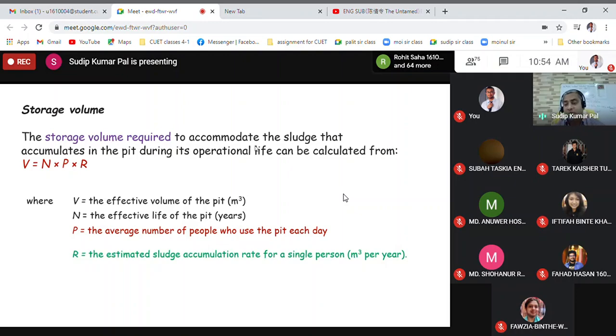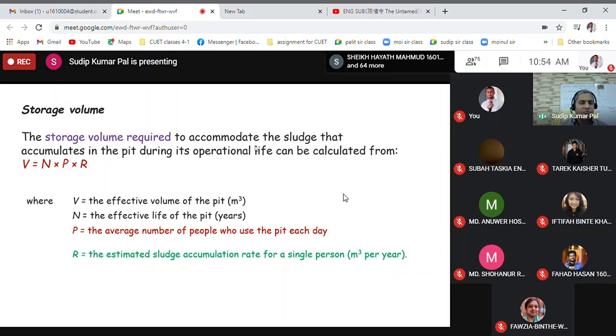As you know, per person per year, 40, 60, 90. These are the 3 figures you have seen in the tabular format already. So that is basically the equation: V equals N times P times R.